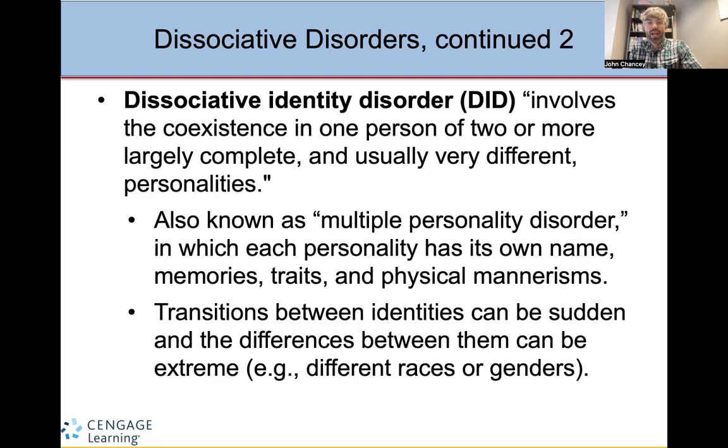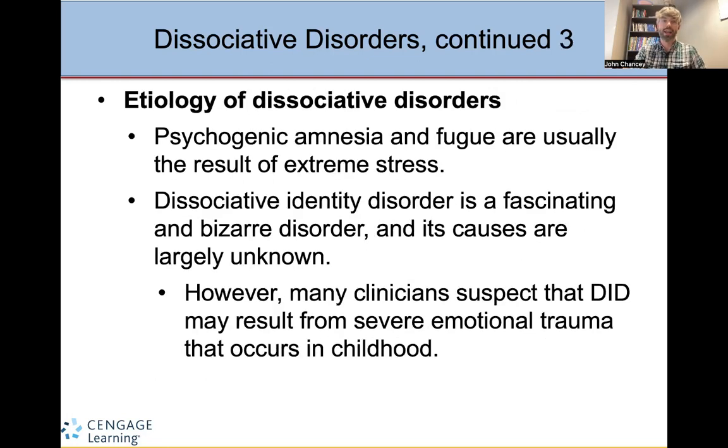The transition from one identity to another can be pretty quick, and those differences can be really extreme. You might have a 25-year-old male who all of a sudden starts acting like a 12-year-old female. That's their altered personality. Could be a different race, a different gender, a different age. The variations are quite wide.